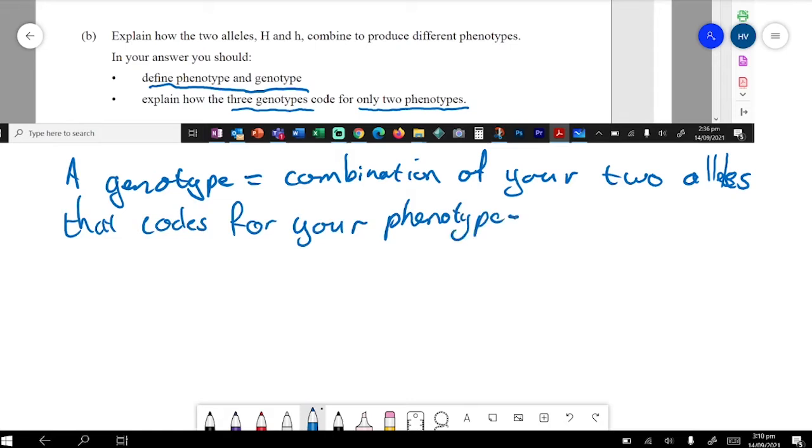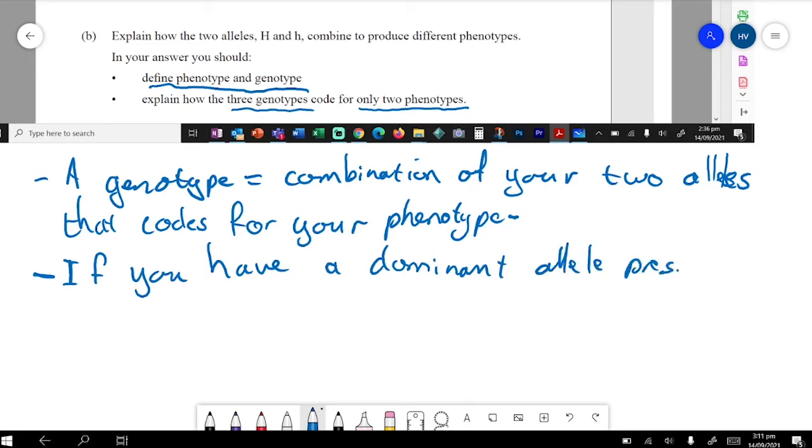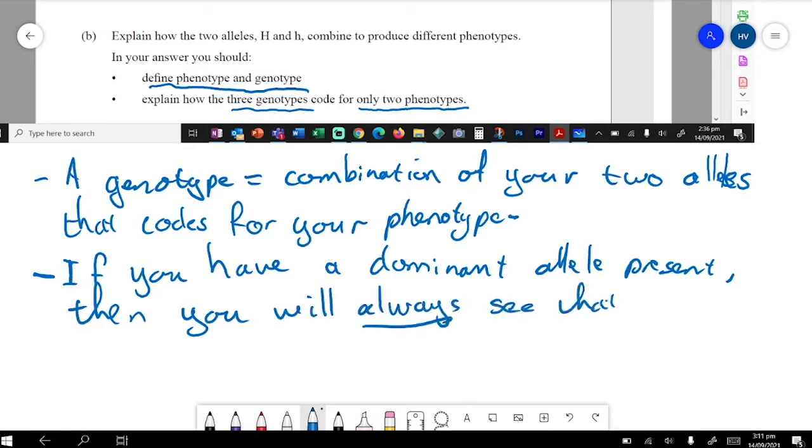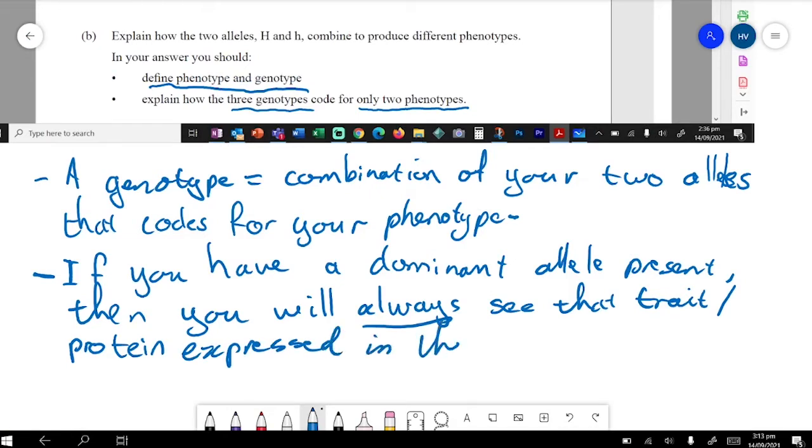If you have a dominant allele present, then you will always see that trait or the protein expressed in the phenotype.